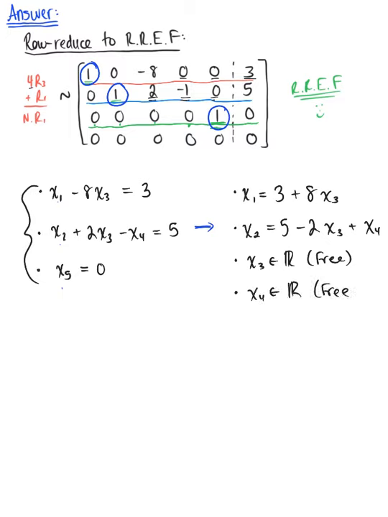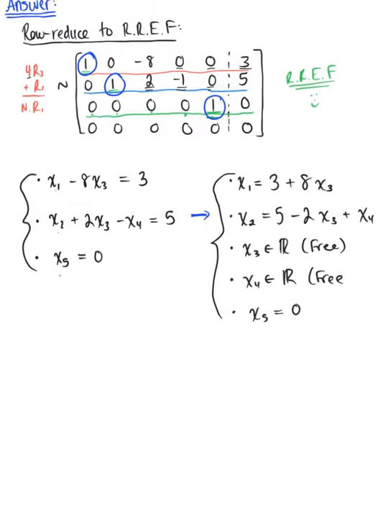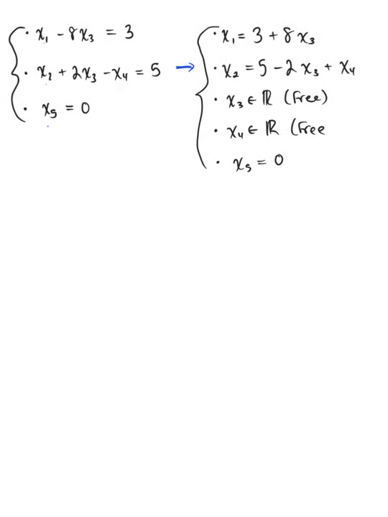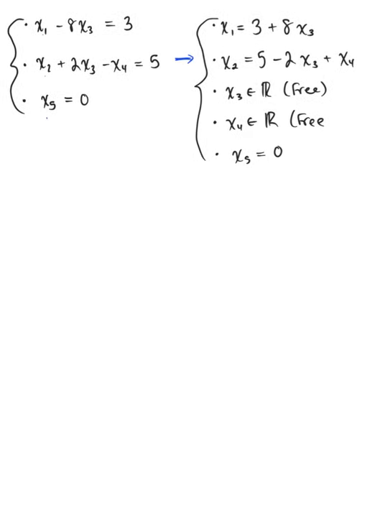And x sub 5 is 0. So here is our solution set in its linear equation form. So we want to take this and convert it to its parametric description, giving a little more room. So we want a parametric vector for the general solution.